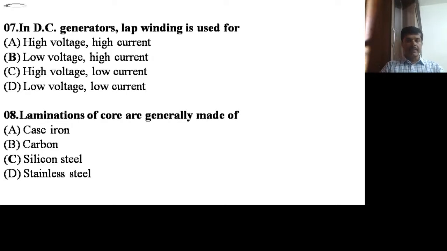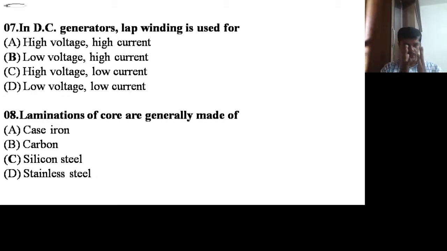In a DC generator, lap winding is used for what? So the armature winding will be of two types. One is the lap connected system and the other one is the wave connected system. We know that lap connected system means each conductor will be lapping one over the other.